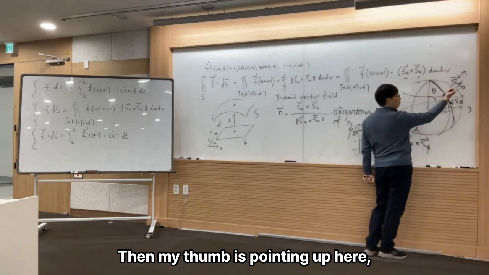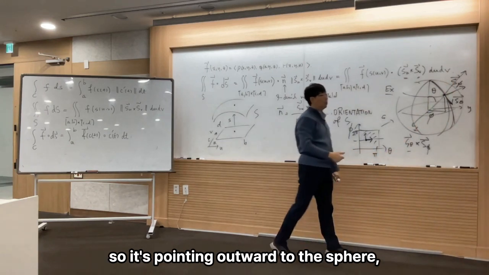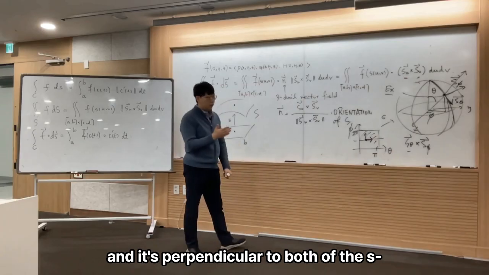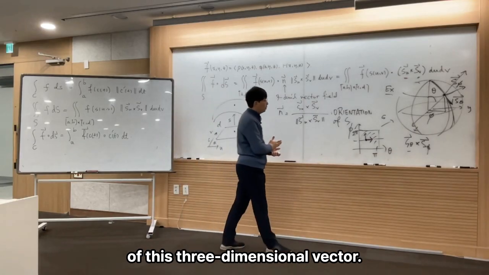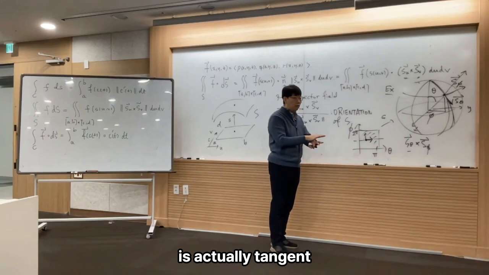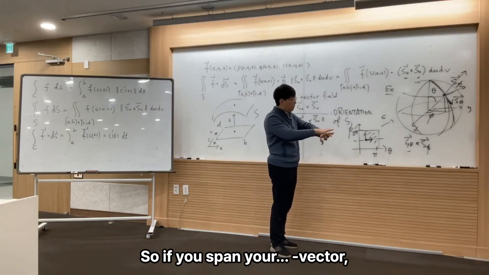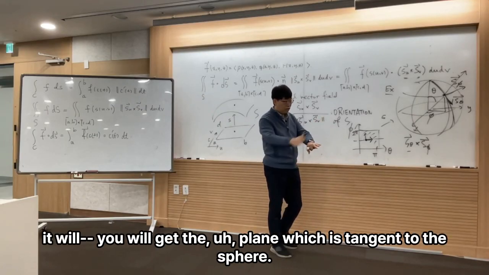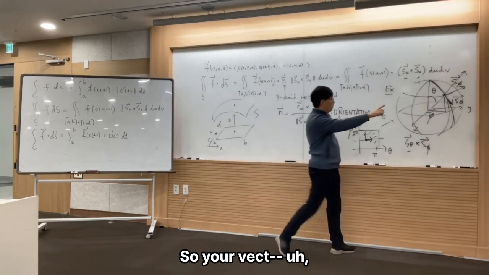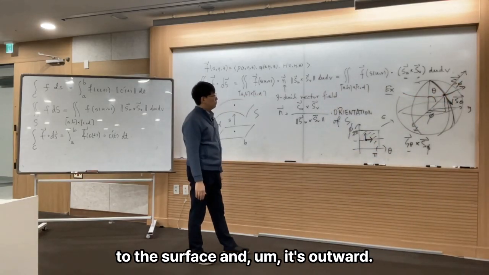Then my thumb is pointing up here, so it's pointing outward from the sphere. And it's perpendicular to both of these vectors. These two vectors are actually tangent to the surface of the sphere, right? So if you span them, you will get the plane which is tangent to the sphere. So your cross product is perpendicular to the surface, and it's outward.